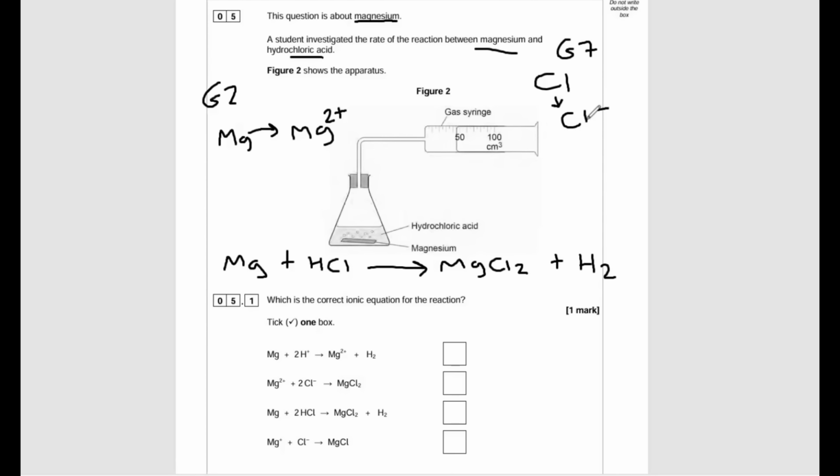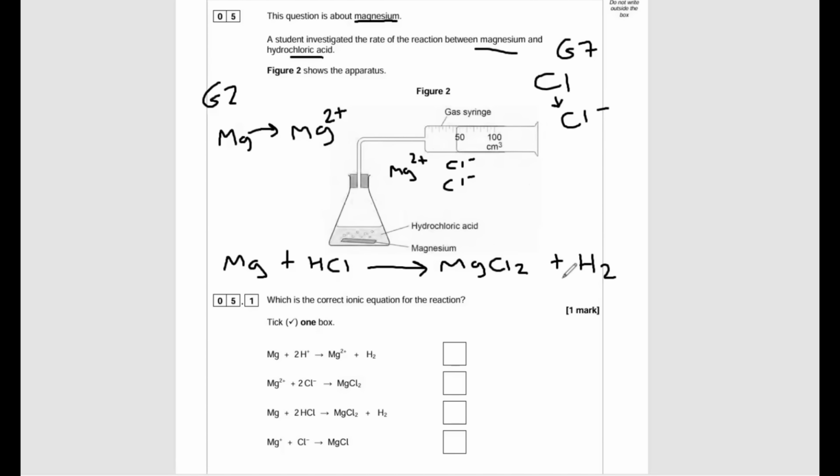It gains an electron to get a full outer shell. If I have one Mg2+, I'm going to need 2 chloride ions to go with it, so the charges cancel out. So the formula is MgCl2. That was just a little revision on how to work out formulas that you're not familiar with.